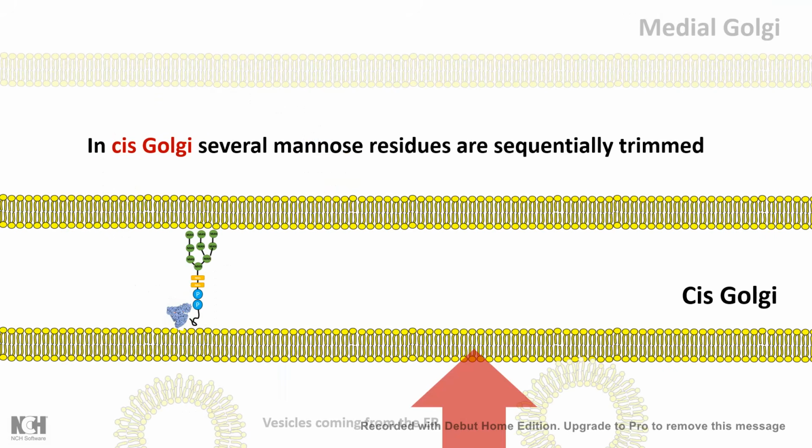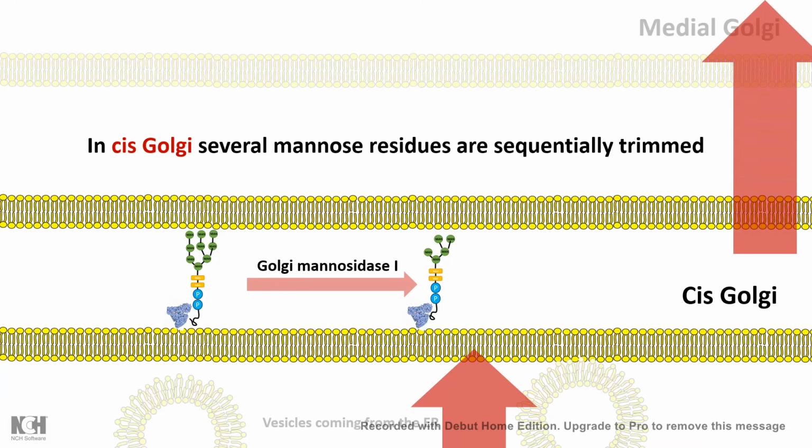Second, the vesicles coming from the ER merge into cis-Golgi. In the cis-Golgi, using Golgi mannosidase I enzyme, several mannose residues are chopped off, and the protein then moves to the medial Golgi.